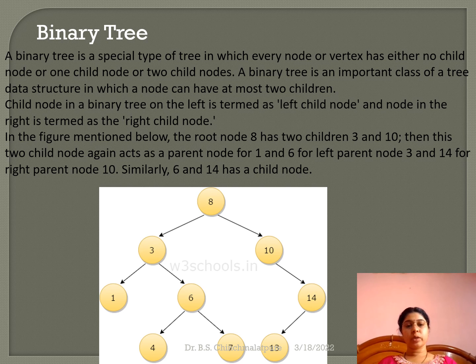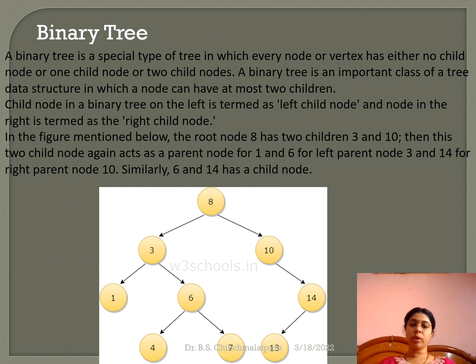For example, students, see this diagram. In this diagram, there is one root node, that is 8. On that root node, we connect two child nodes, 3 and 10. In this diagram, 3 is the left subtree and 10 is the right subtree.